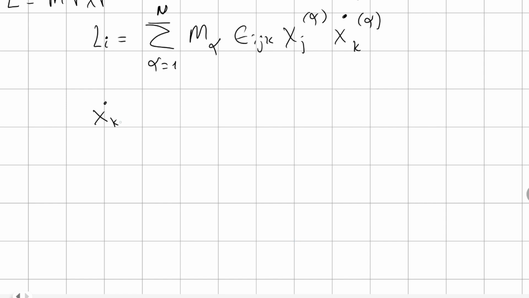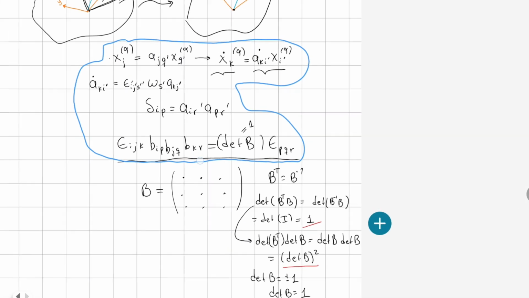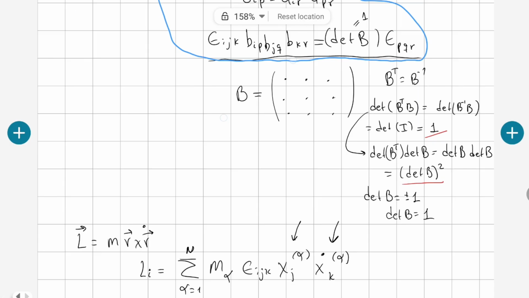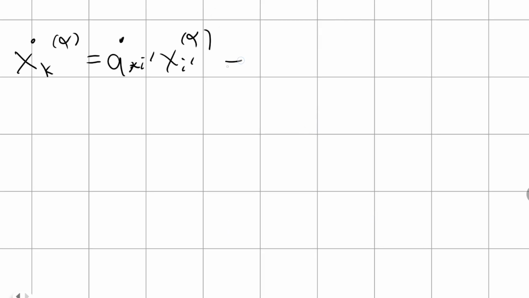We have that xk dot alpha is going to be equal to a k i prime dot xi prime alpha. And as we mentioned, we had that this a dot is equal to this. So that means that we can rewrite this expression as the Levi-Civita ijs omega s a k j xi prime alpha.